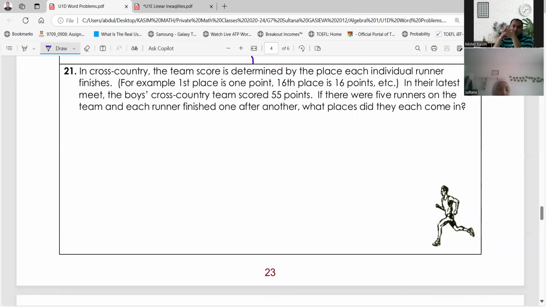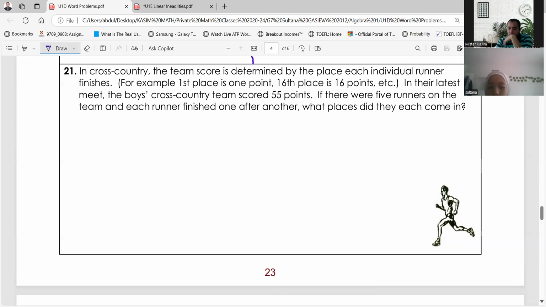In cross country, the team score is determined by the place each individual runner finishes. For example, first place is 1 point, 16th place is 16 points, etc. In their latest meet, the boys cross country team scored 55 points. If there were five runners on the team and each runner finished one after another, what places did they each come in?